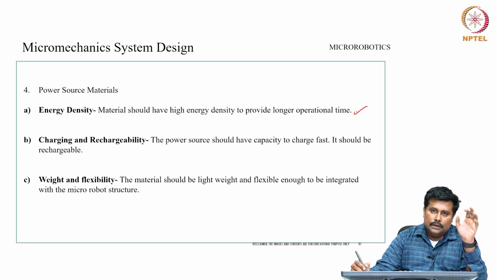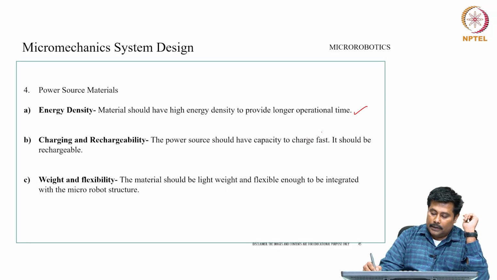In those conditions the overall energy is restricted for a particular period or requirement. So the material we select should have a high energy density so that it can power up the system for a longer operation.